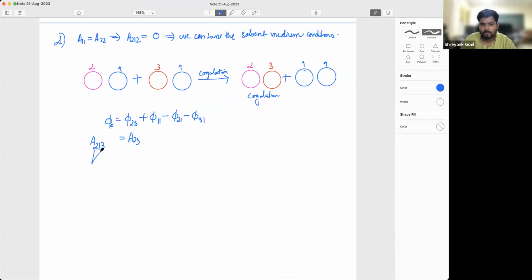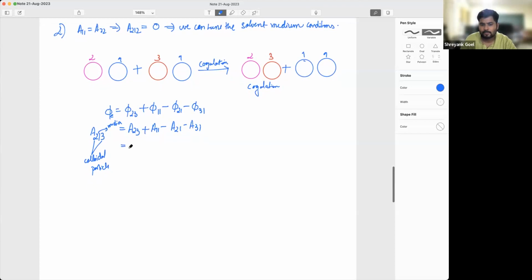So these are the two kinds of colloidal particle, and this is the media. So A23 plus A11 minus A21 minus A31.